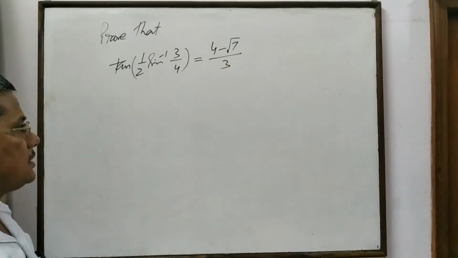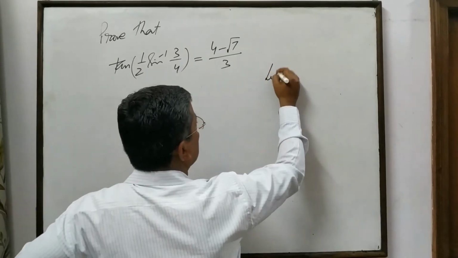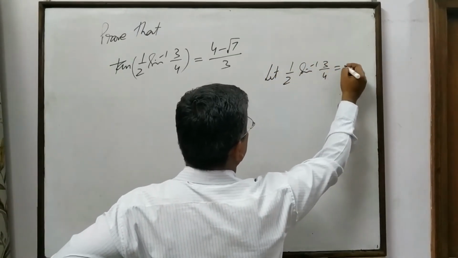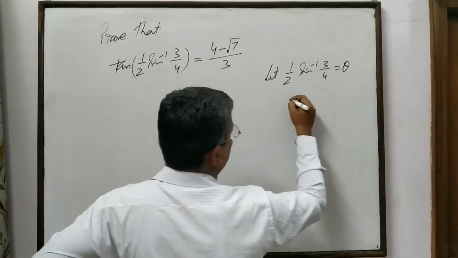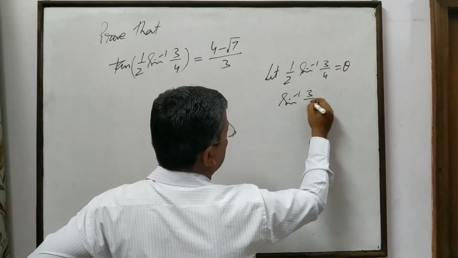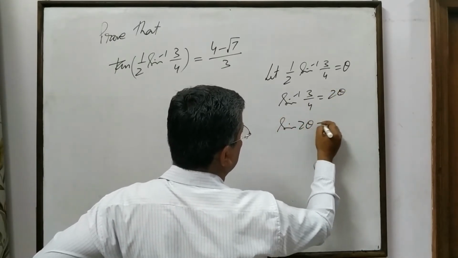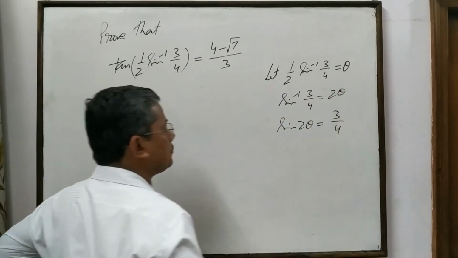Now to prove this thing, let half sine inverse 3 by 4 is equal to theta. So sine inverse 3 by 4 is 2 theta. So sine 2 theta is 3 by 4.